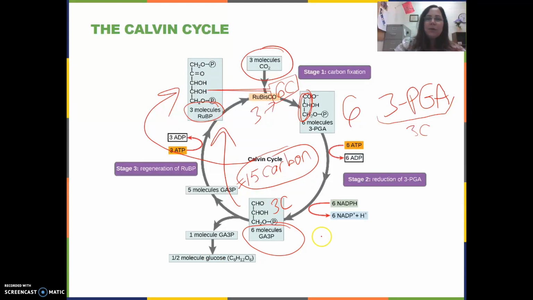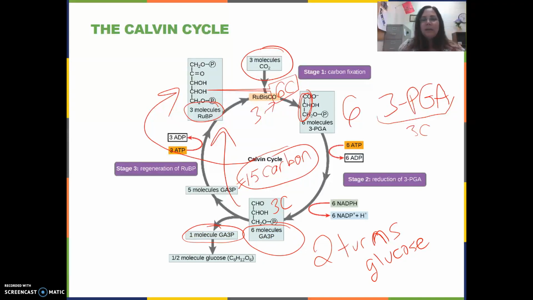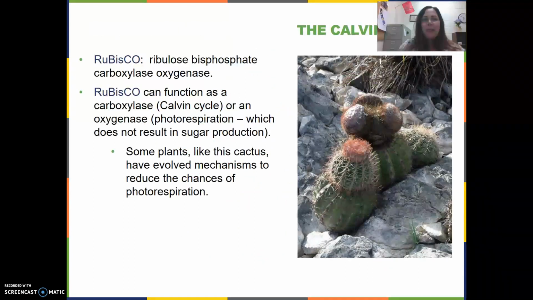So you have to have 2 turns of the Calvin cycle to make a whole glucose molecule, because 1 turn will only give you 1 GA3P that can be used to make glucose. So it would take 2 turns to give you 2 molecules of GA3P that could be used to make 1 glucose. And that is because GA3P only has 3 carbons.